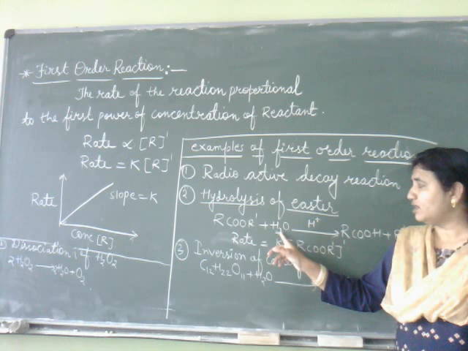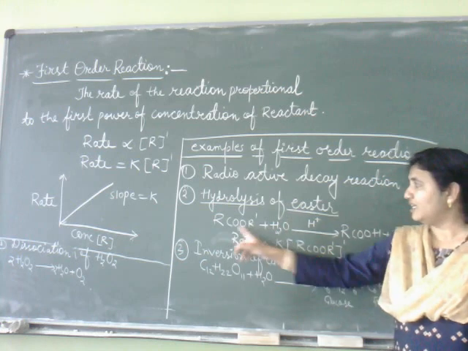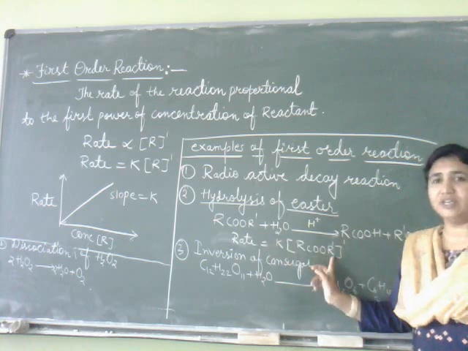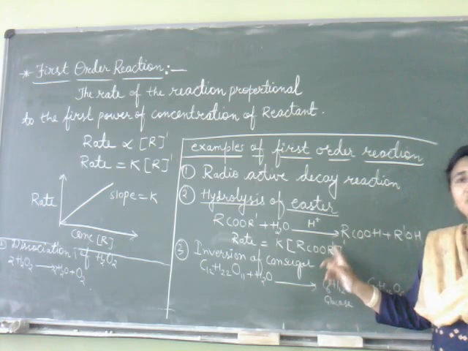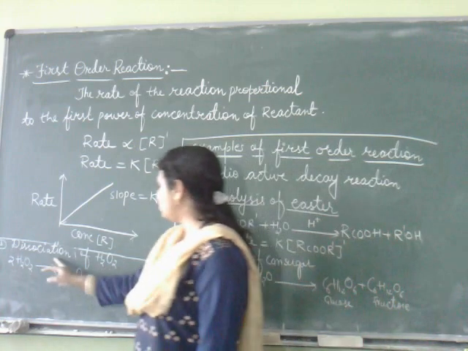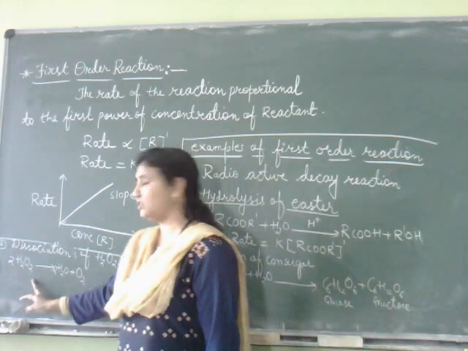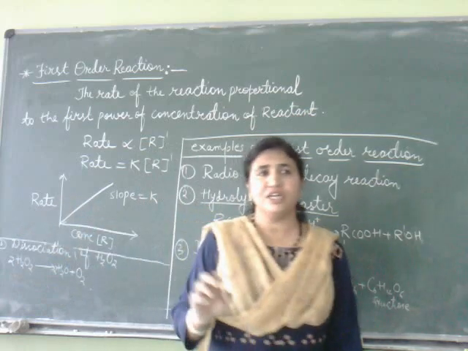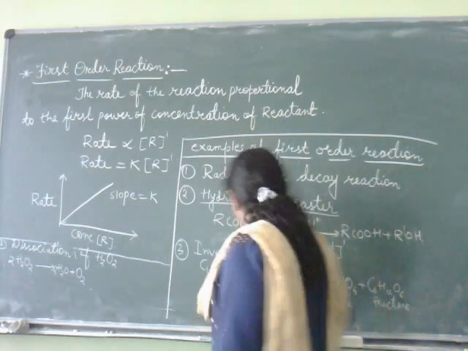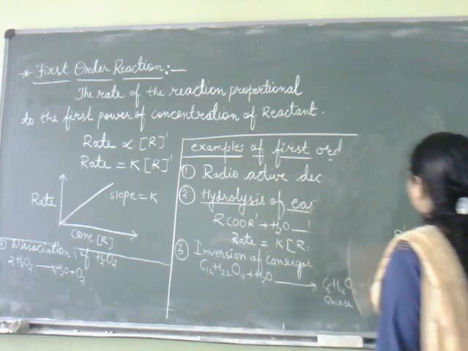The water concentration is 0, and the other concentration term is 1, so it is a first order reaction. Dissociation of hydrogen peroxide is a first order reaction, and all radioactive decay reactions are first order reactions. So this is about the first order reaction.